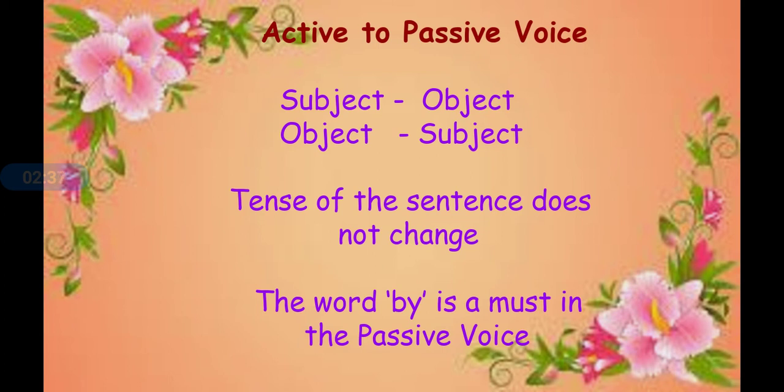And tense of the sentence does not change. So when we are converting from active to passive voice, we should not change the tense of the sentence. And we would see a word by in the sentence that is there in passive voice. That means when we are writing in passive voice, word by is a must.